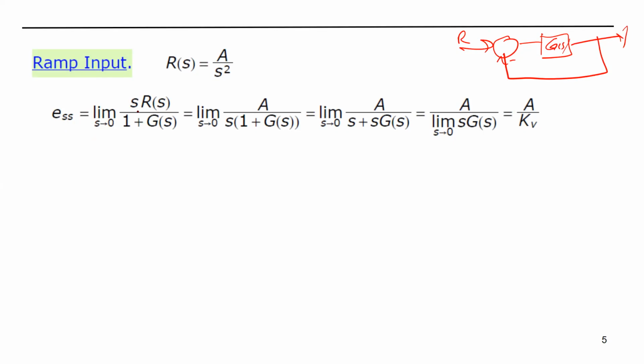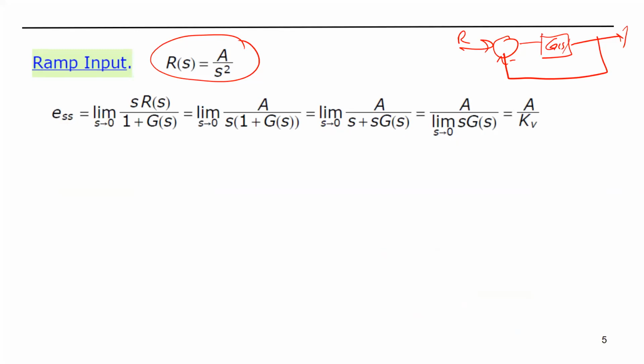Now, R is a ramp, which means that in the S domain it is going to be A over S squared. If you put in the limit, this will go to 0, and I will have the limit as S goes to 0 of S times G of S.